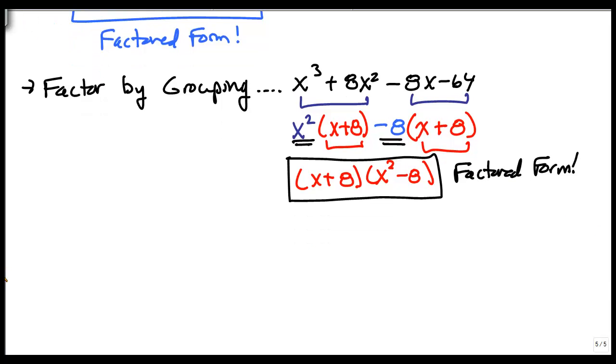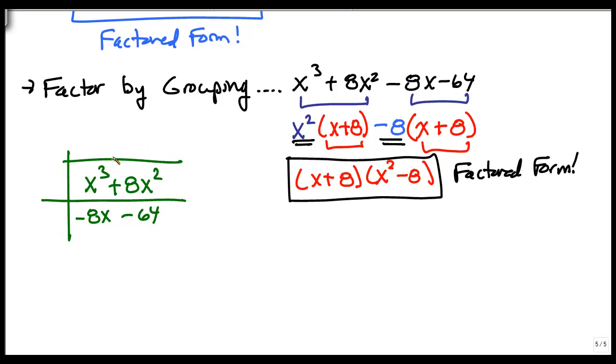Okay, let's go ahead and do my quick grid here. I'm going to do x cubed plus 8x squared minus 8x minus 64. Okay, so let's see if I can get my rows and columns straight this time. In the first column, the GCF is x.